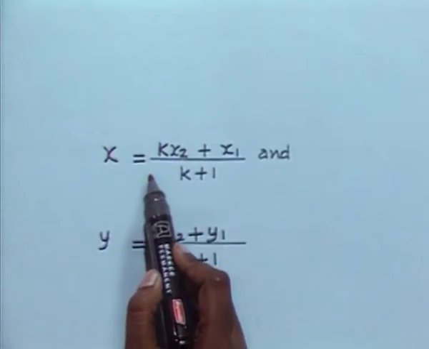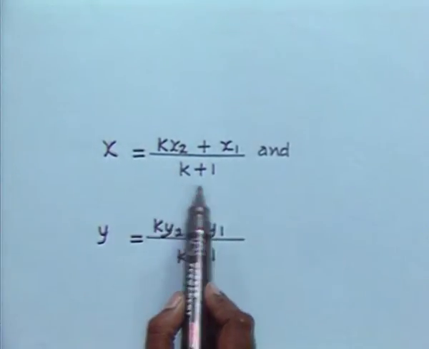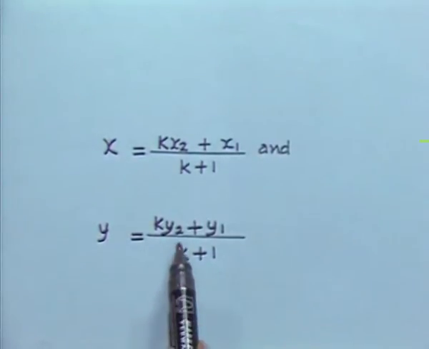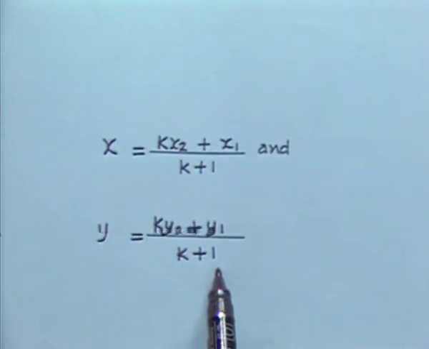Now recall that a ratio can be represented in the form of a fraction, so that the ratio k means k is to 1, and our ratio formula modifies to x equal to (k x2 + x1)/(k + 1), and y equal to (k y2 + y1)/(k + 1).